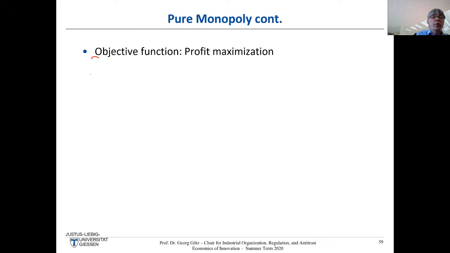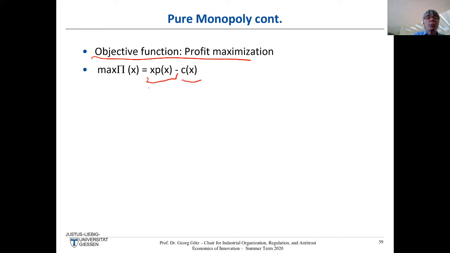What does a monopolist do? We assume that a monopolist maximizes profits, and then it's straightforward. It maximizes profit pi, which is nothing else than revenue minus cost. Revenue is price times quantity. Here I put revenue in terms of price as a function of quantity.